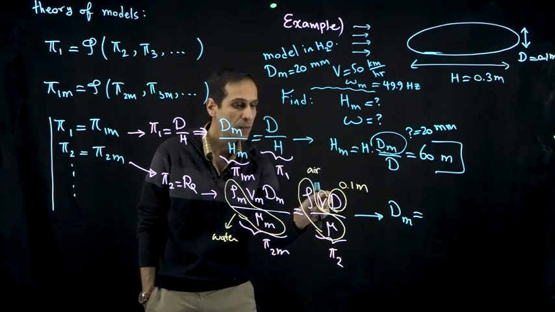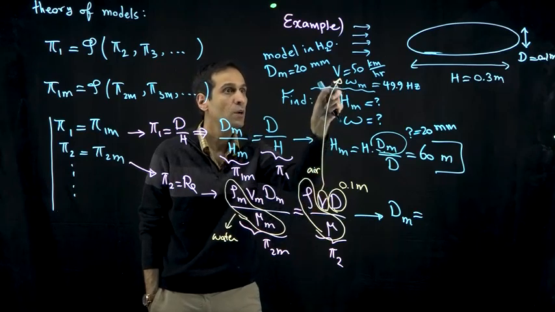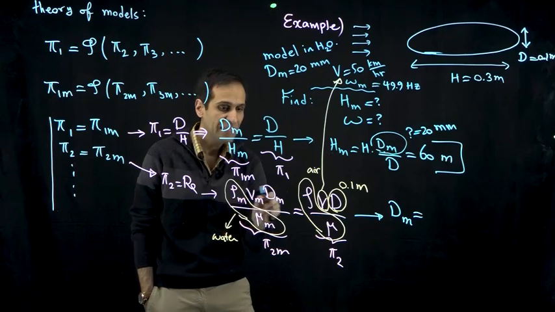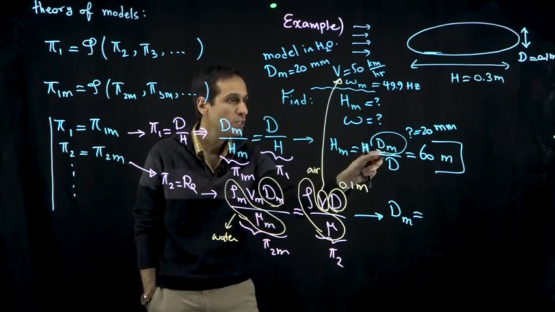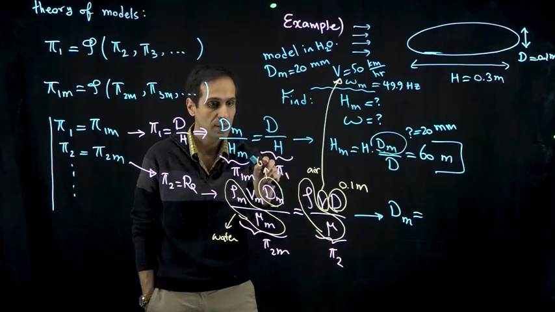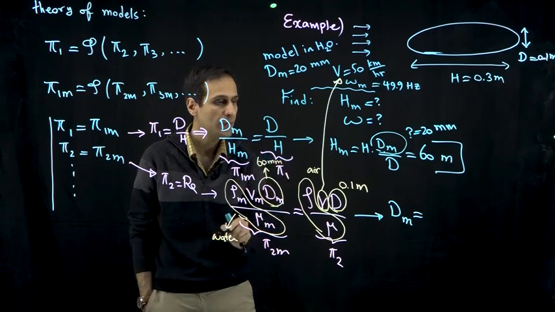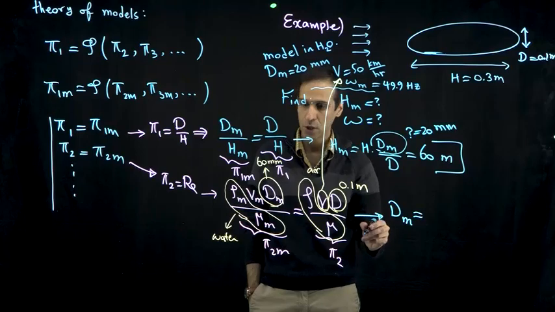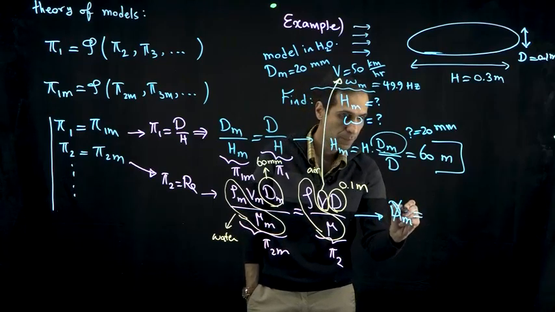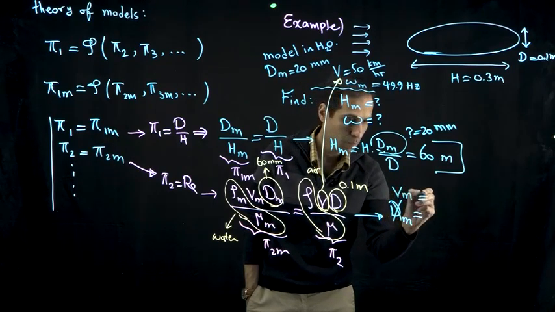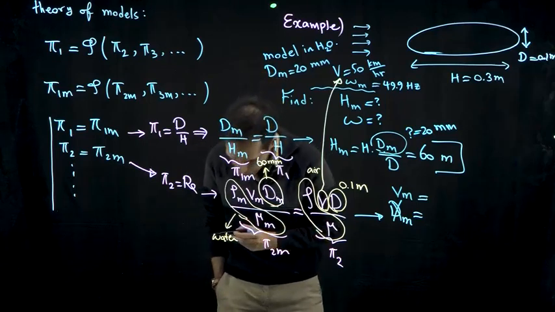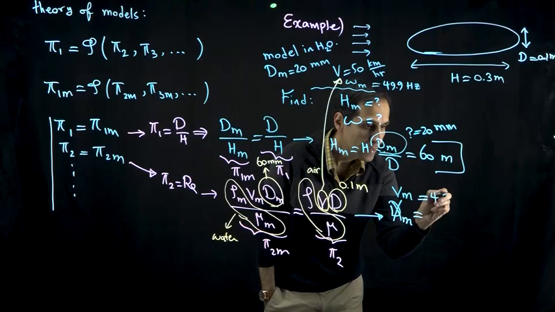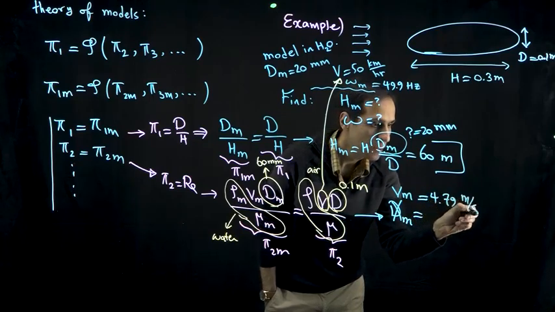V is given, this value, but you need to convert it into meter per second. D model, I just found it, 60 millimeter. Therefore, I can solve it for Vm. Vm is going to be 4.79 meter per second.